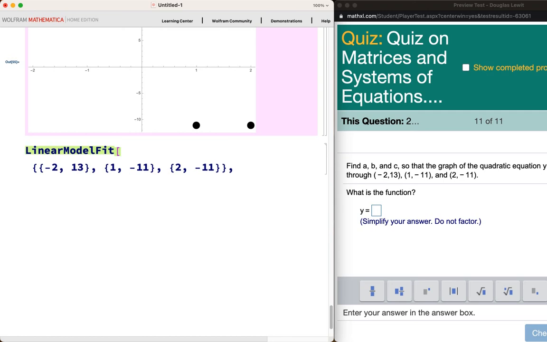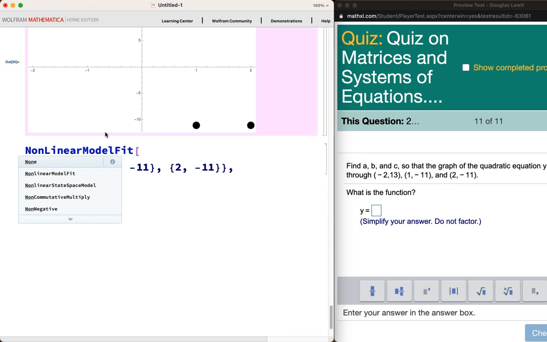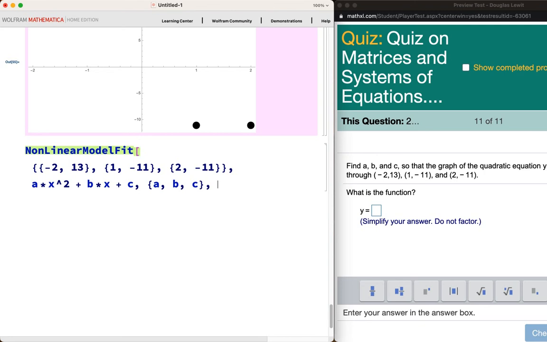Well, this would be nonlinear model fit, actually. So this would be A times x squared plus B times x plus C. My parameters are A, B, and C. My variable is x.